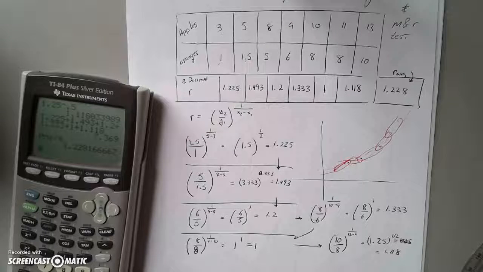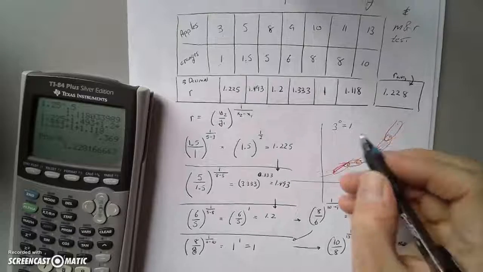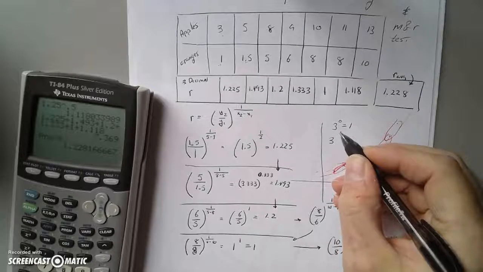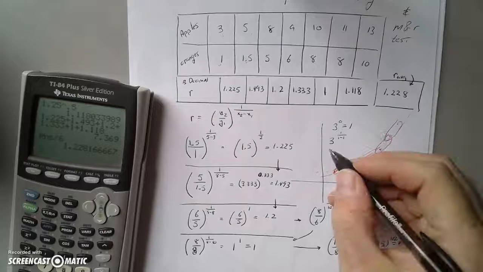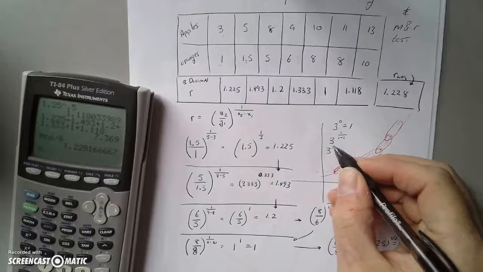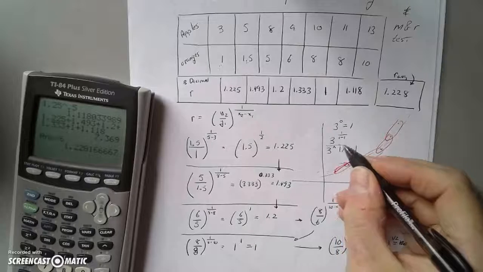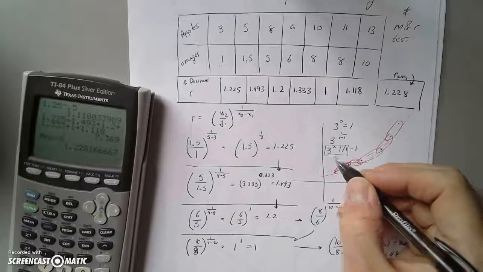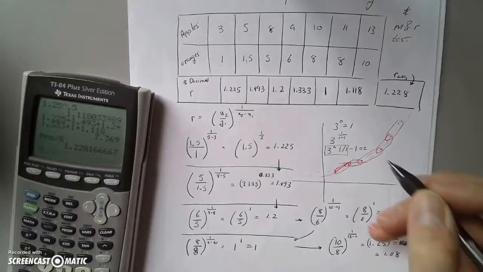Now, how do you know if it's a calculator mistake? Well, try doing something you know the answer to. For example, if you know that 3 to the 0 is 1, try doing 3 to the power of 1 over 1 minus 1. If you get something else, like 2, then you're probably entering it like 3 raised to the power of 1 divided by 1 minus 1, and your calculator does exponentiation first, that's 3, minus 1 is 2.